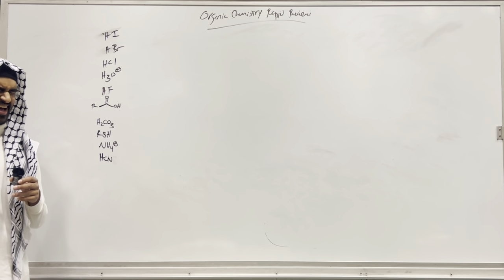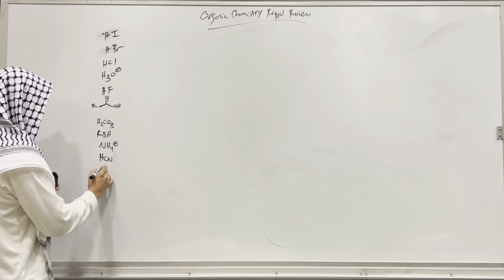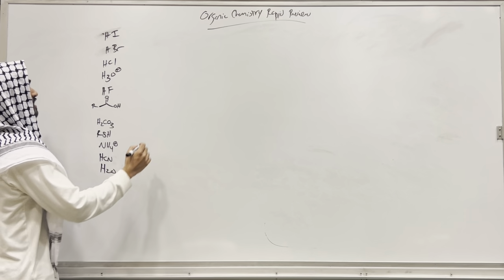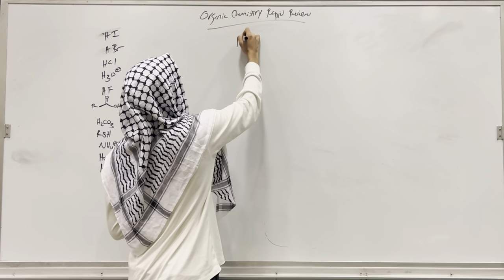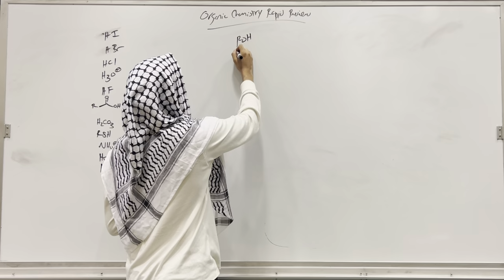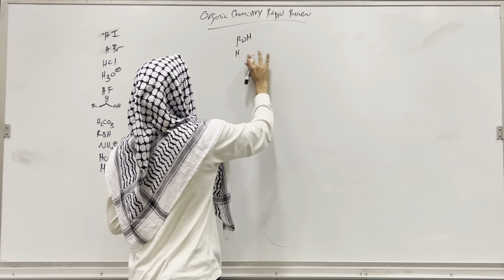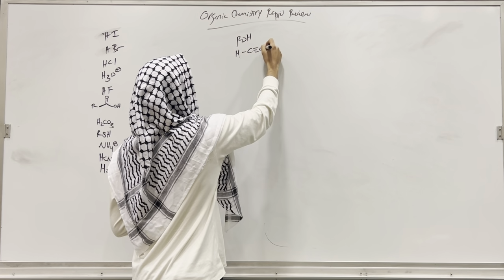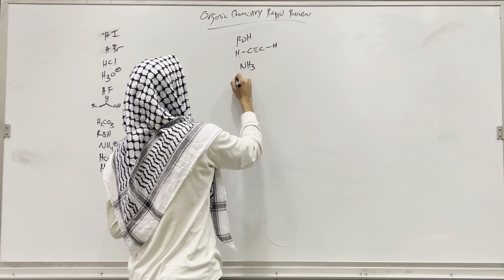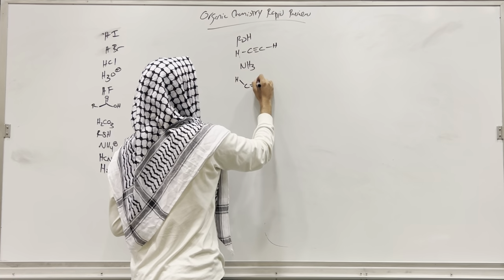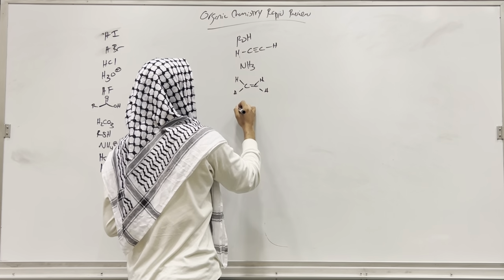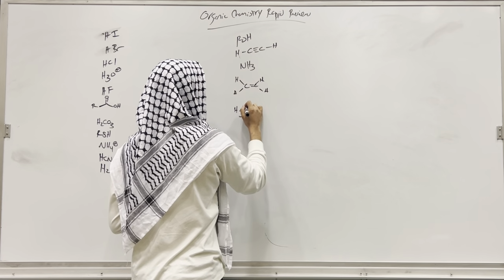After HCN we have water, then alcohol, then acetylide, then NH3, then ethylene, and then ethane.